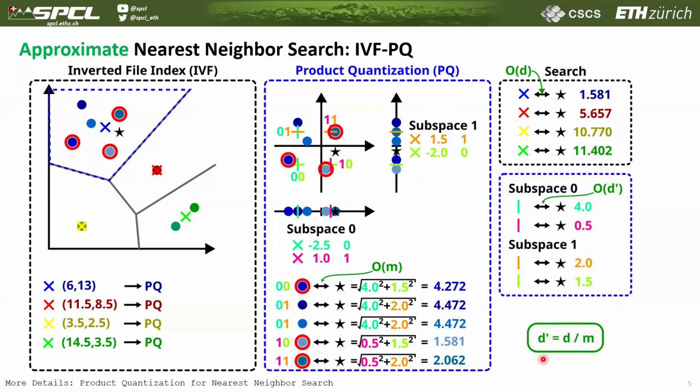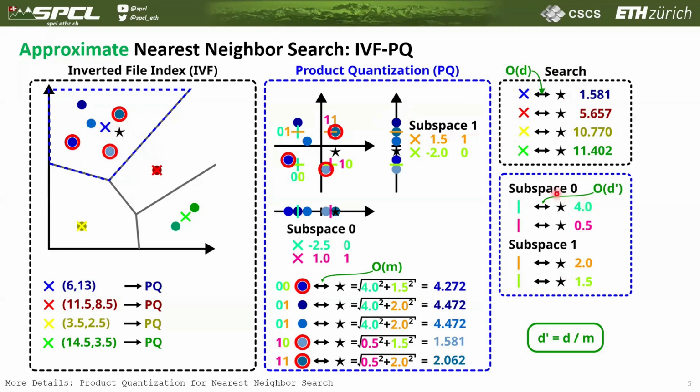And then this D prime is the number of dimensions per subspace, which could be 100, for example. And each distance computation in our original space has a complexity of O of D, but we only do these computations for the distance between this point and these centroids here. So we don't do this computation for our data points.